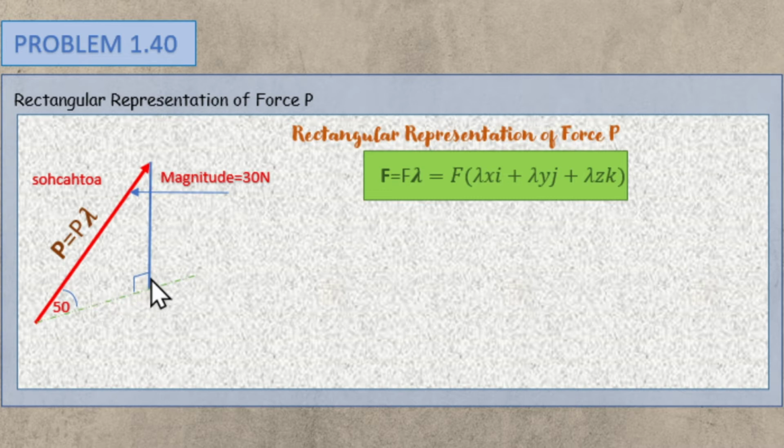And looking at this figure, this is our hypotenuse, and since this is our hypotenuse, we will consider this as 1. So 1 multiplied by sine theta, and sine theta is sine 50. So therefore, this will be sine 50. And if this is sine 50, this is cosine 50 since adjacent side is equal to hypotenuse multiplied by cosine theta. And now we already have the value for our unit vector z.